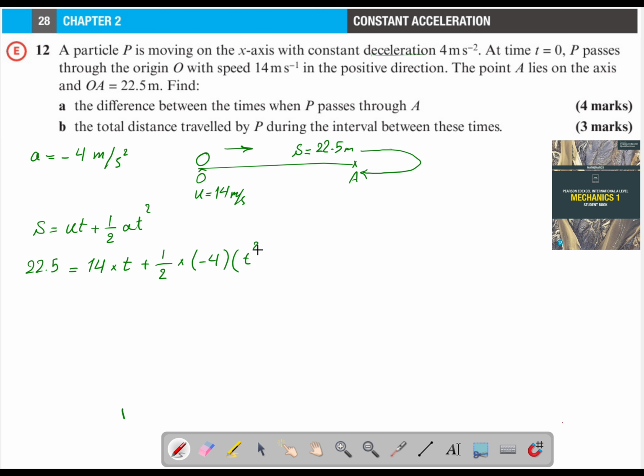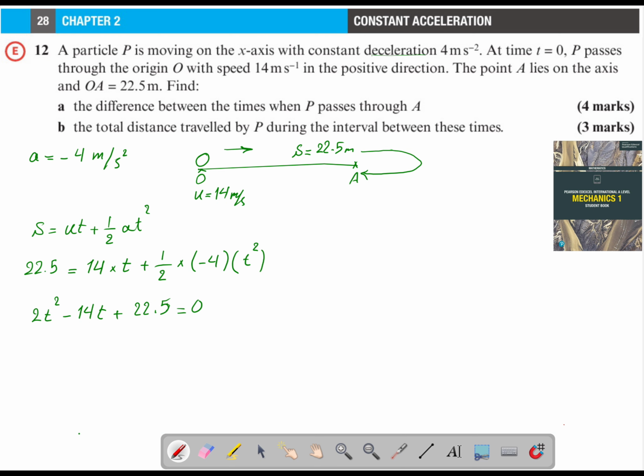multiplied by t power 2. Okay, let's make it simple and summarize it. It will be minus 2 to the other side, it will be 2t power 2, minus 14t plus 22.5 equals 0.